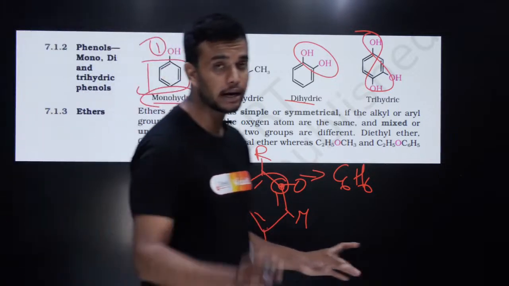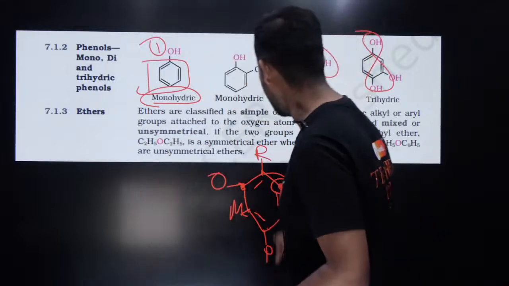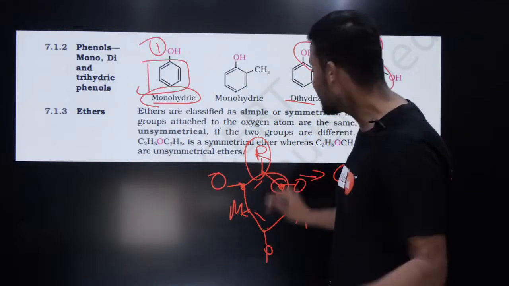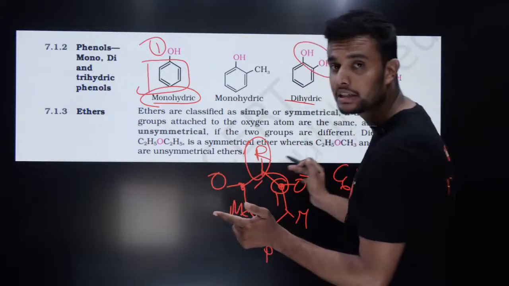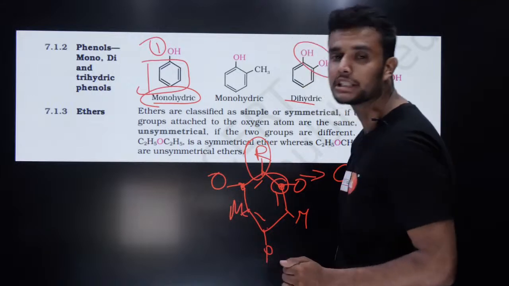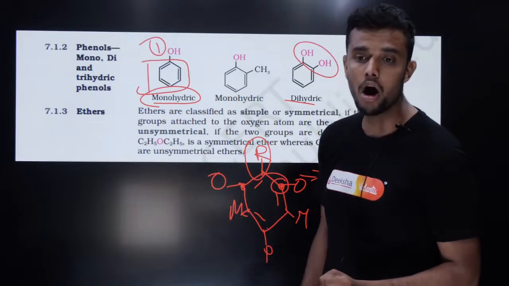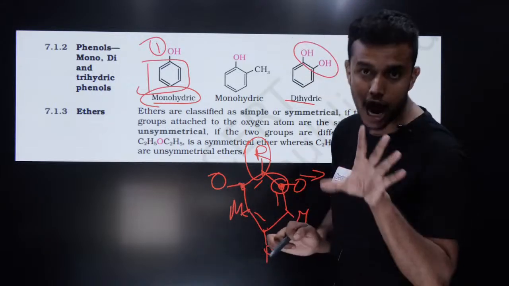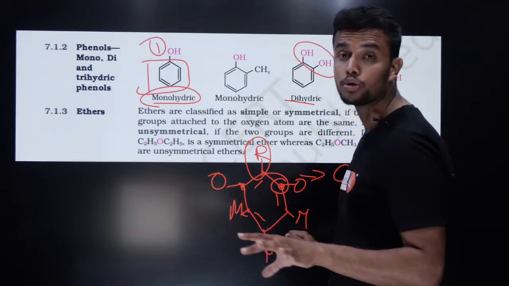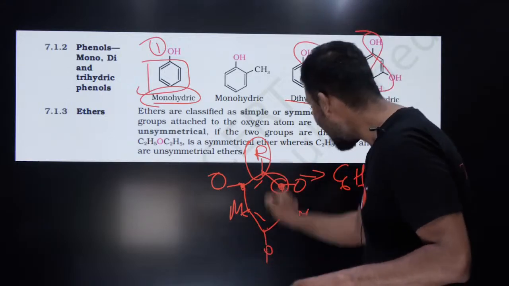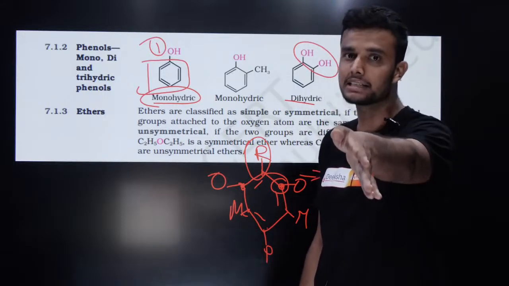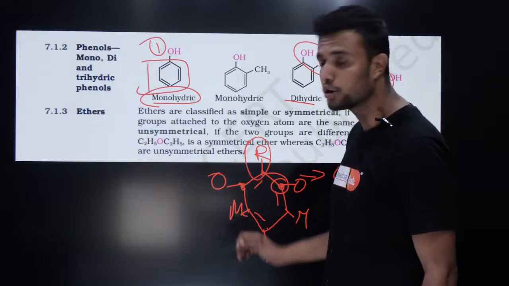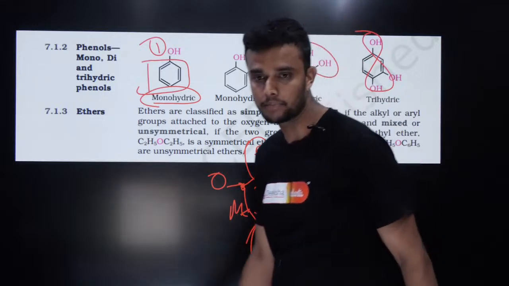If the R group is attached at this position, the next carbon atom in the benzene ring is called the ortho position. After ortho, the meta position comes. The carbon exactly opposite to the group is called para.